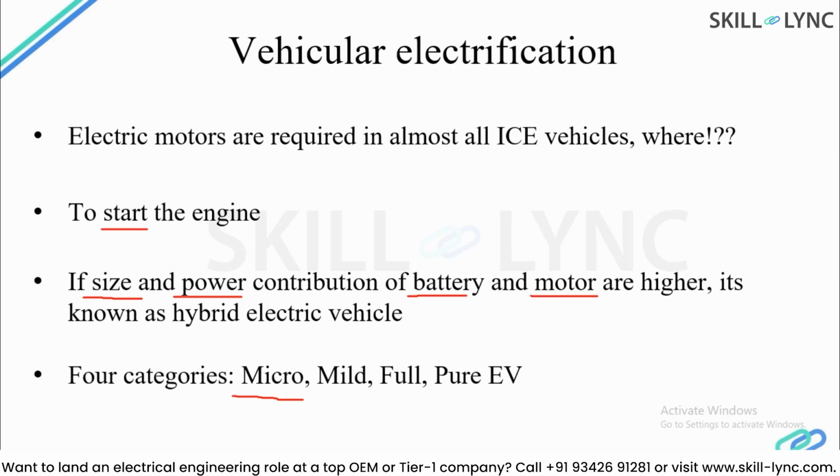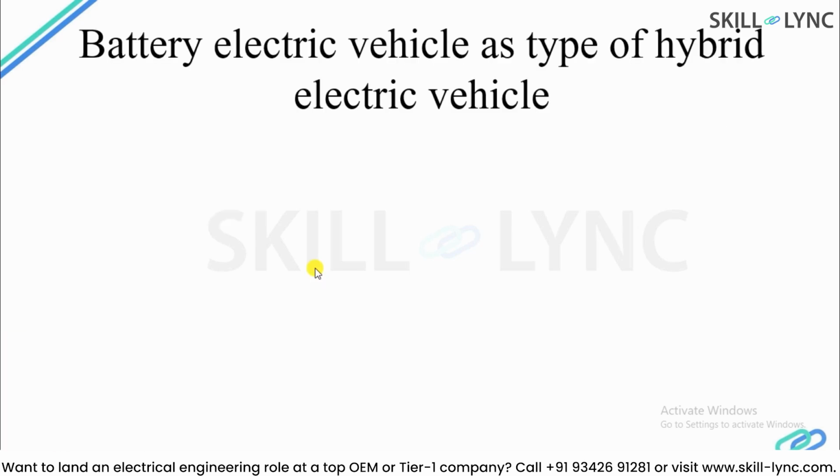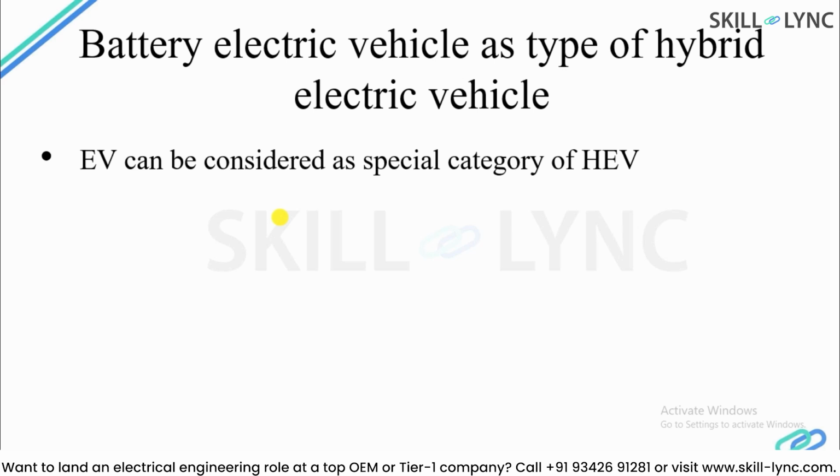These four categories are classified on the amount of electrical power in that particular vehicle. EV is a special case, as it is one of the categories of hybrid electric vehicle. So let's understand how EV is a special case of an HEV.